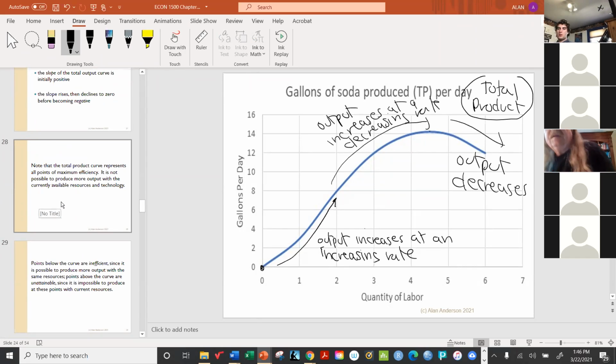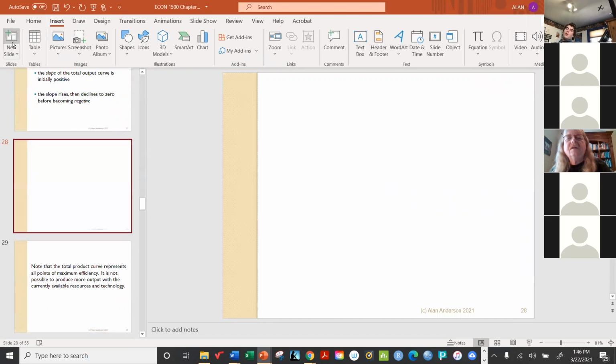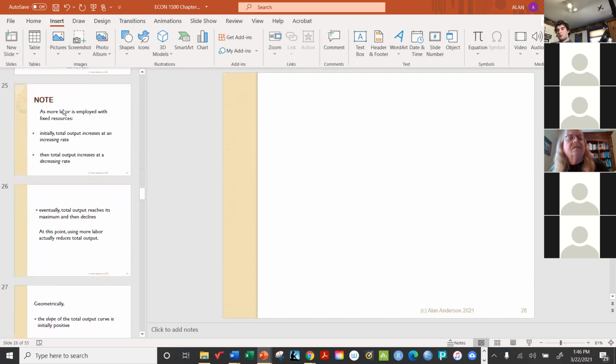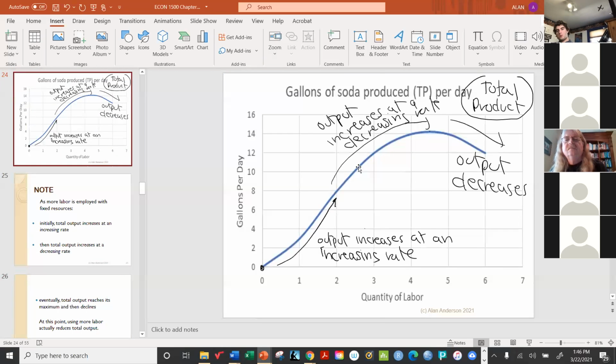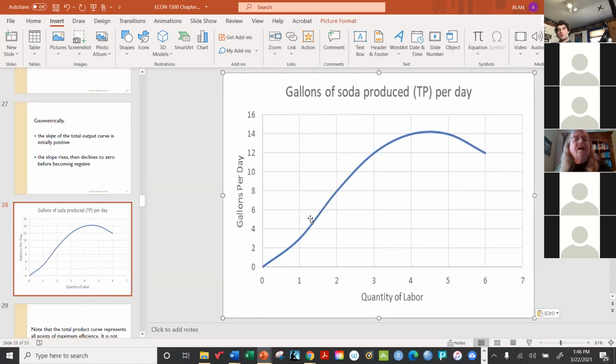Now, we can also make the following claims with the same curve. Let me just show you, let me insert one more graph here. Let's see if I can copy this. Okay, I wanted a clean copy here.